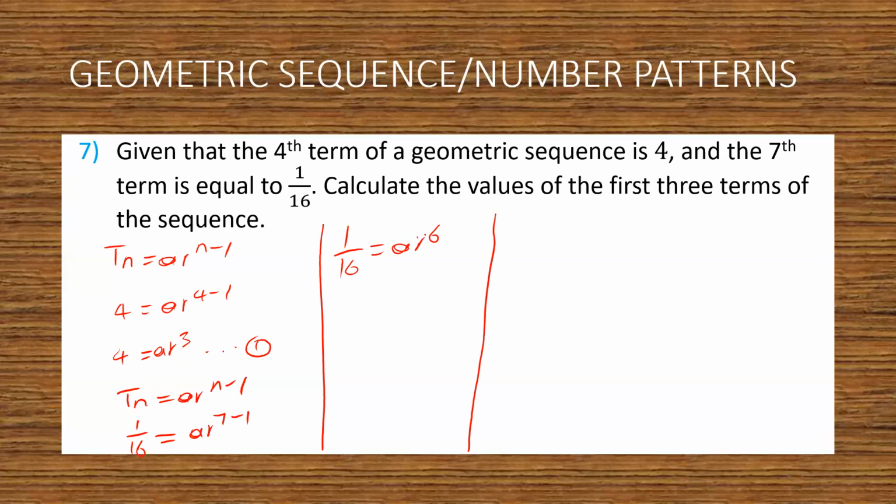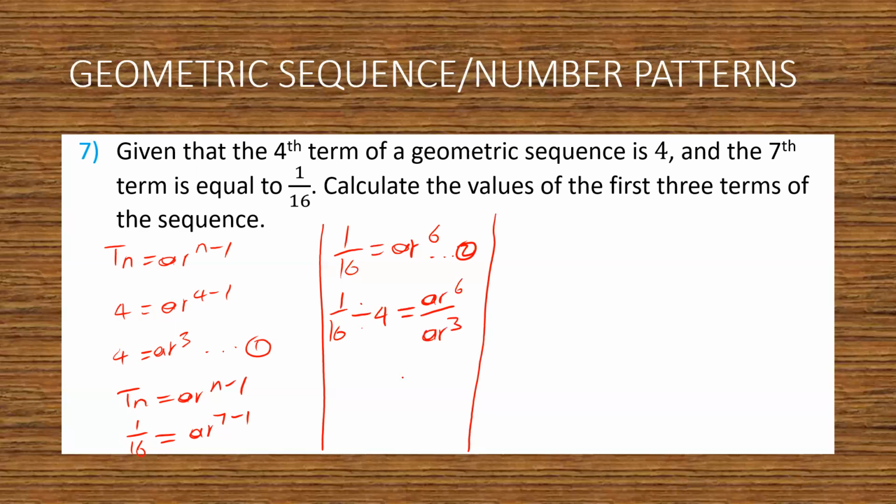Okay, are we done? And then I said 1 divided by 16 divided by 4 equals AR to the power of 6 divided by AR to the power of 3.